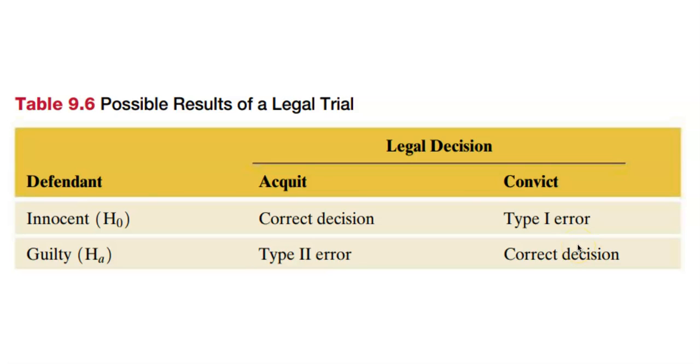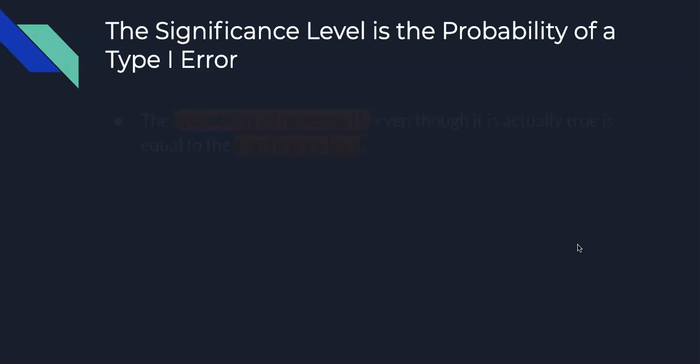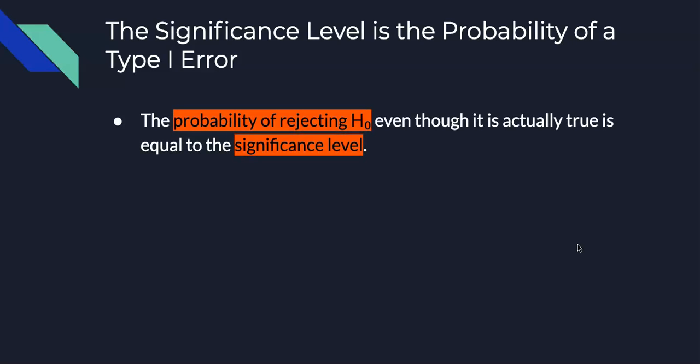Okay, so those are the 4 possible results of a legal trial. The probability of rejecting H naught, even though it is actually true, is equal to the significance level, right? The common significance level we said was 5%, and if the probability is less than 5%, I will go ahead and believe that it is statistically significant, that it's unlikely for such an event to happen. So the probability of rejecting H naught when it is true is the same thing as the significance level.